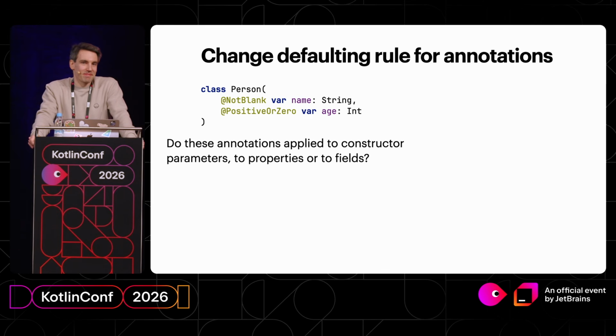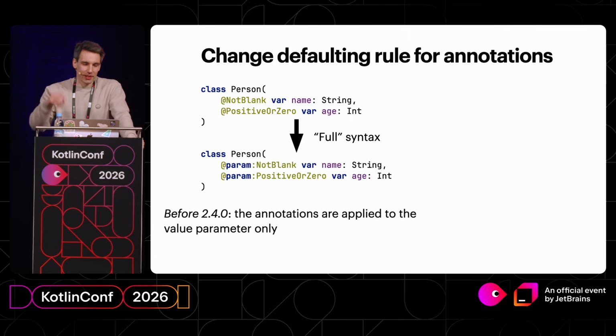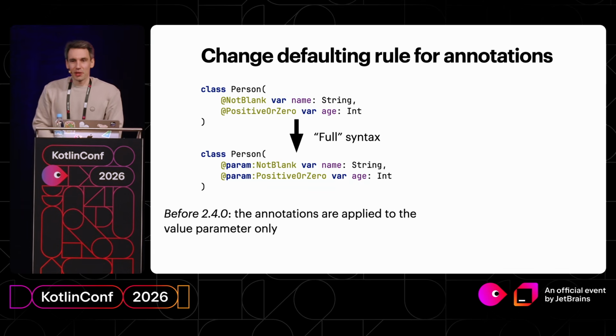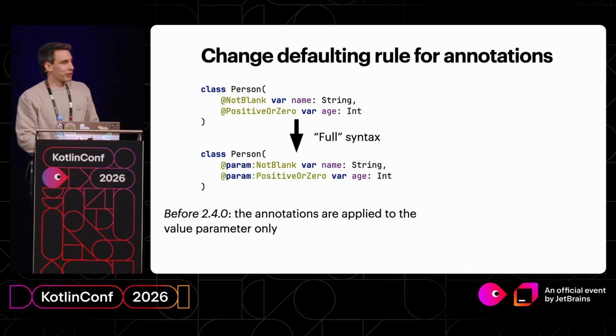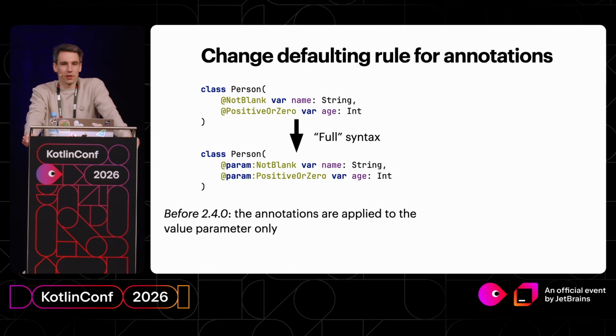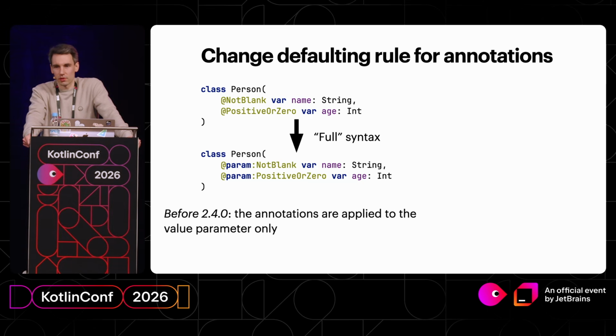Before Kotlin 1.0, we had to choose something. And we decided they are applied just to the value parameter only, so to the parameters of the constructor. That is our default. That is OK. Unfortunately, it's not OK for some annotation processors, because what happens? When I initialize this person using the constructor, the annotation processor will check that this string is not null, for instance.